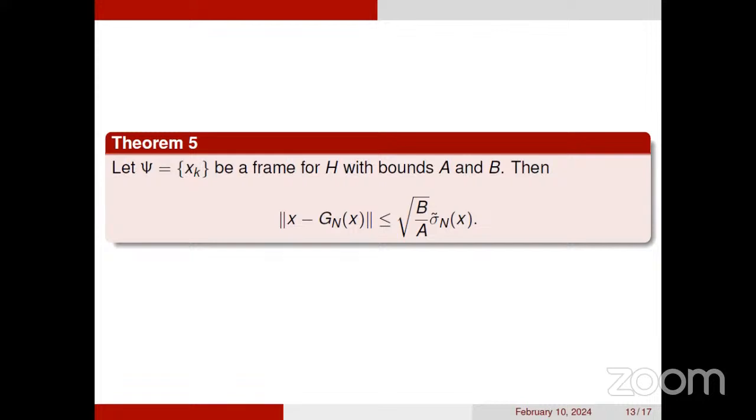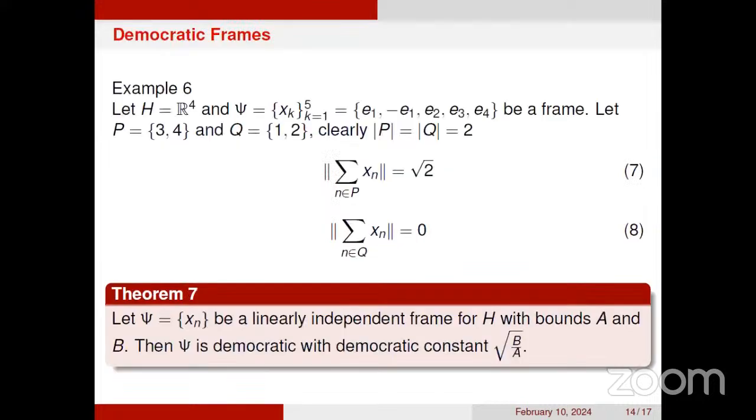So in the previous slide, we saw that every Riesz basis is greedy, almost greedy, and quasi-greedy. Similarly, on the same pattern, every frame in a Hilbert space is quasi-greedy and almost greedy. But by Example 6, we try to show that not every frame in a Hilbert space is democratic.